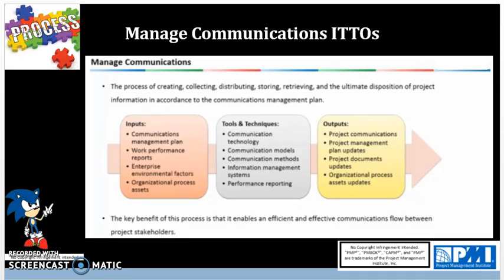Then we have work performance reports, which is an output from monitor and control project work that gathers all work performance information from all 9 out of 11 controlling process groups that analyzes raw work performance data in context of the project performance. What I mean by that is we're taking the information, for example, from cost, quality, risk, procurement, and various other areas such as time and quality, and taking that raw observation.